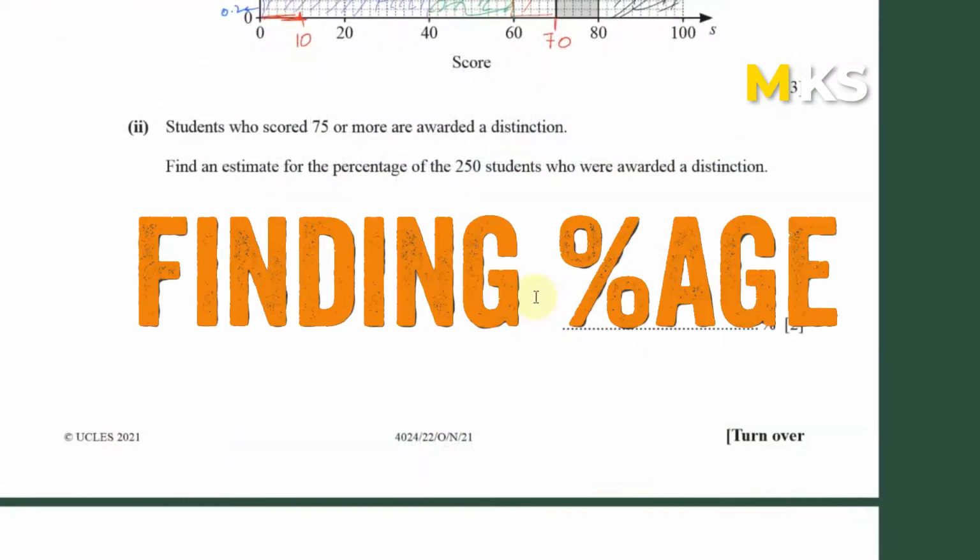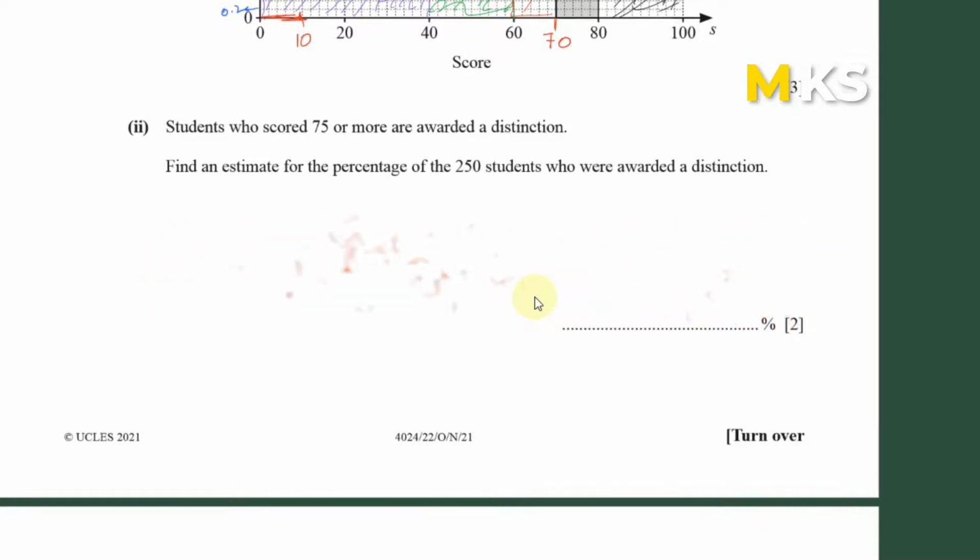B2, students who scored 75 or more, they are awarded a distinction. Find an estimate for the percentage of 250 students who were awarded a distinction. Estimate is not related to estimation, approximation. In statistics, we are rounding off things, we are making group data.